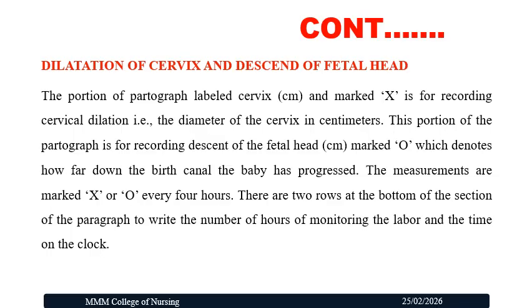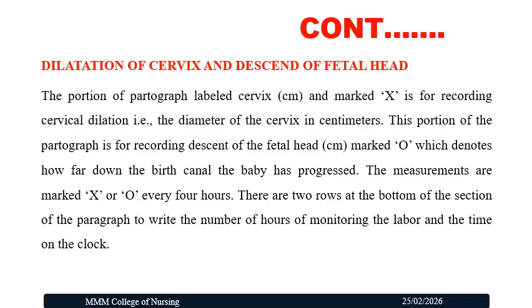This portion of the Partograph is labeled cervix in centimeters and marked X for recording the cervical dilatation, that is the diameter of the cervix in centimeters. Our next portion of the partograph is descent of the fetal head. That has to be marked O, which denotes how far down the birth canal the baby has progressed.